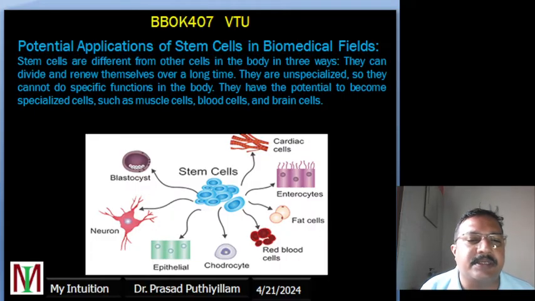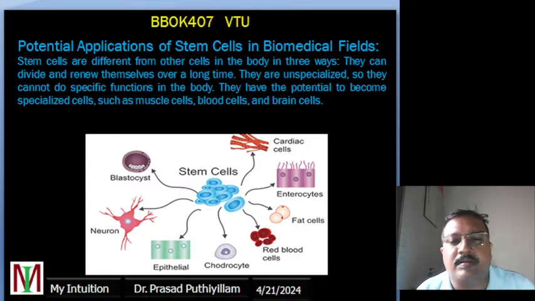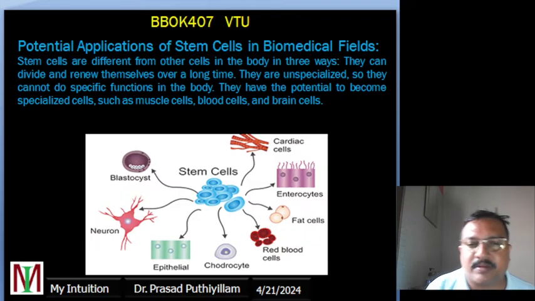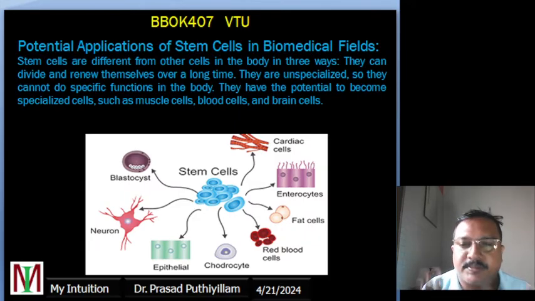Stem cells are actually different from other cells in the body. They can divide, or they can form different shapes over a long time, and they are very unspecialized, because they cannot do a special function until they have grown to the required shape or size.